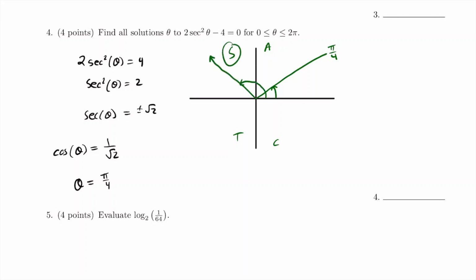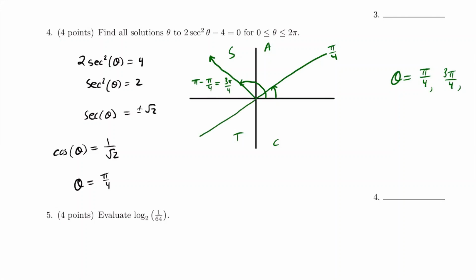Then in the second quadrant, we get the negative solution. Only sine is positive, so that means we get the negative square root of 2. So that angle is going to be pi minus pi/4, which gives you 3 pi/4. So our solutions are pi/4 in the first quadrant, then 3 pi/4 in the second quadrant, which corresponds to negative square root of 2.